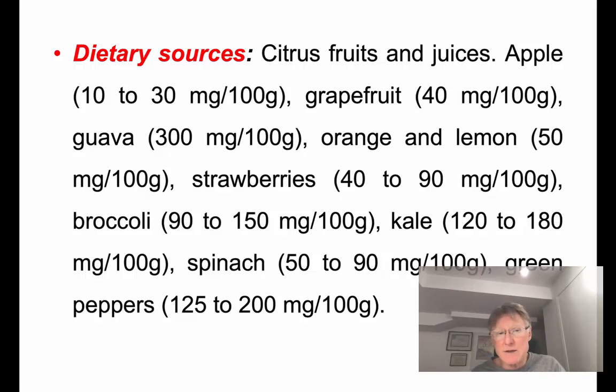This is probably the only vitamin that we don't usually find in significant amounts or in abundance in animal products. Animals also have vitamin C in them, but usually they are not referred to as sources of vitamin C. The main sources are usually plants.